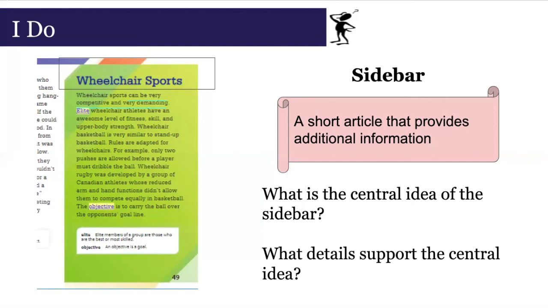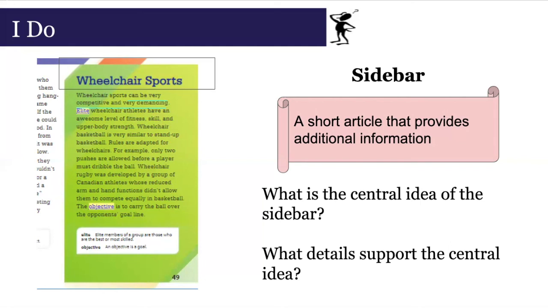Let's go back to our questions on the side. What is the central idea of the sidebar? Well, we've already determined that it is about wheelchair sports and how they can be very competitive and very demanding. But what about the details that support our central idea?